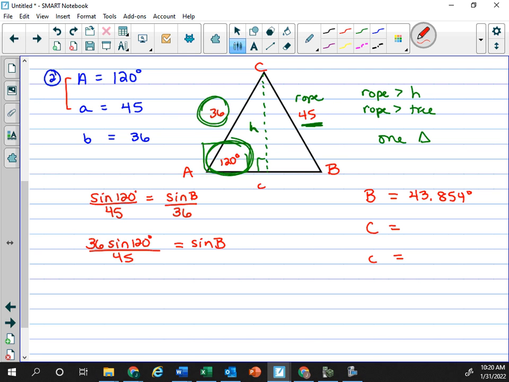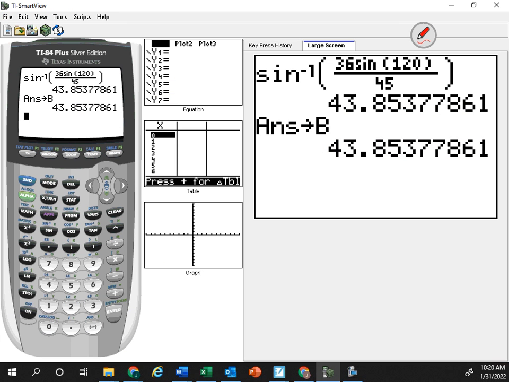So let me pull the calculator up again. You're going to use the stored value. So I'm going to do 180 minus, let's see, our given angle was 120.